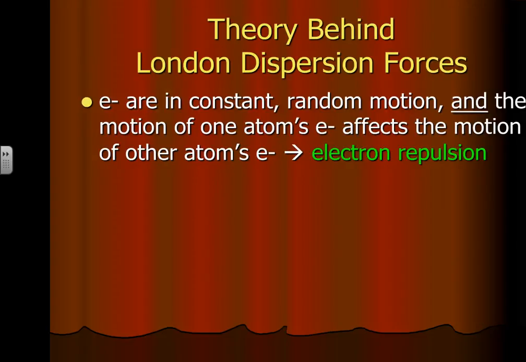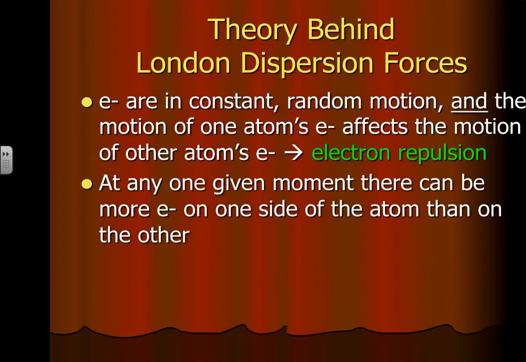So if you think about how one atom could be impacted by other things around it, imagine that you snap your fingers. Did you hear that? That was a terrible snap. But you snap your fingers and you just stop the electron motion in an atom. At any one given moment that you snap your fingers, there is a possibility that more electrons could favor one side of the atom over the other.